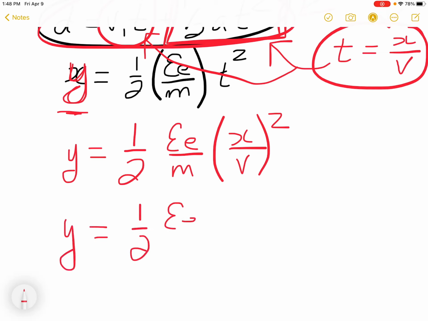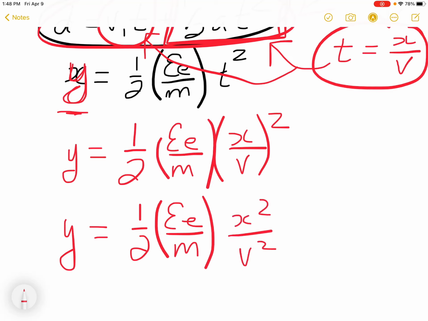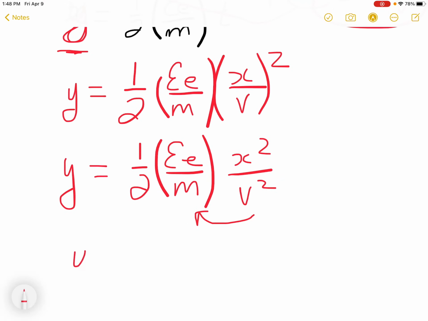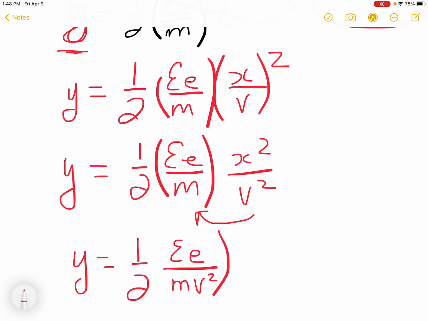That's 1/2 of EE over M multiplied by x squared over v squared. So we just multiply the v squared into those brackets, but leave the x outside to get the form that they want, right? We get y equals 1/2 EE over m, and the v squared goes with it, times x squared over here. And that's what they have.